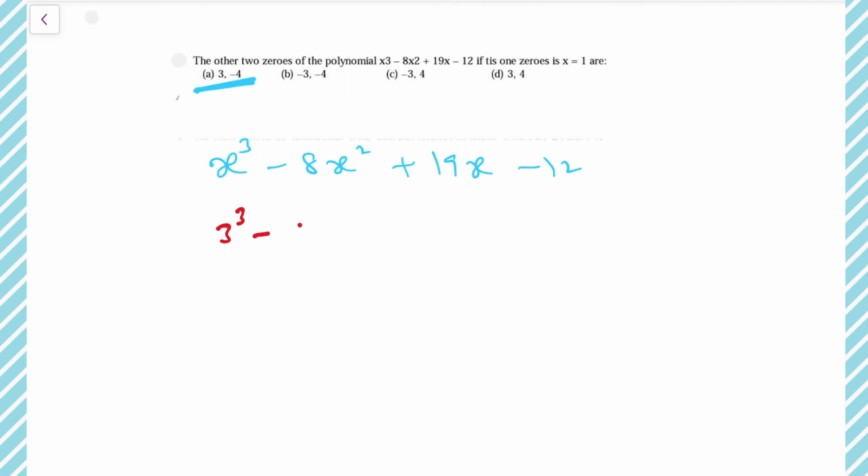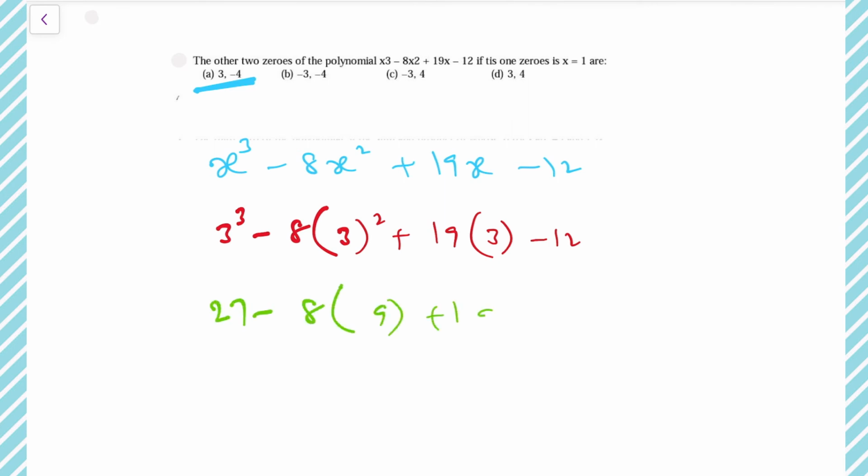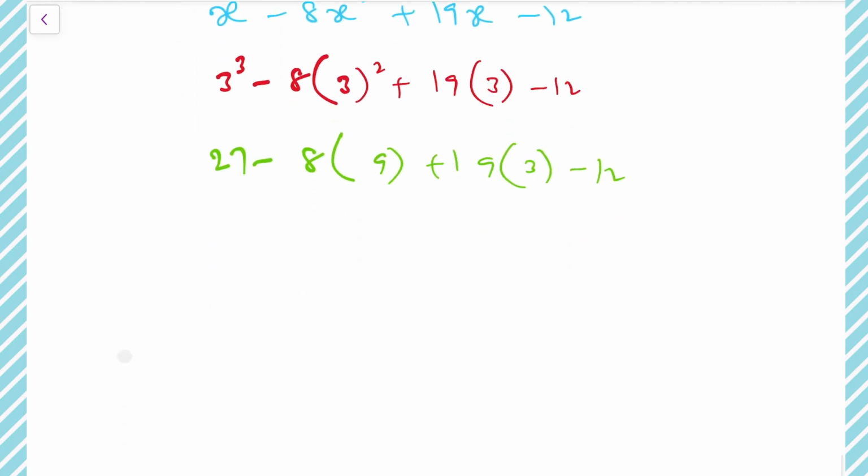So 3 cube minus 8 into 3 square plus 19 into 3 minus 12. 3 cube is 27 minus 8 into 3 square 9 plus 19 times 3 as it is minus 12. Now still if we simplify, 27 as it is minus 8 9s are 72 plus 19 3s are 57 minus 12.